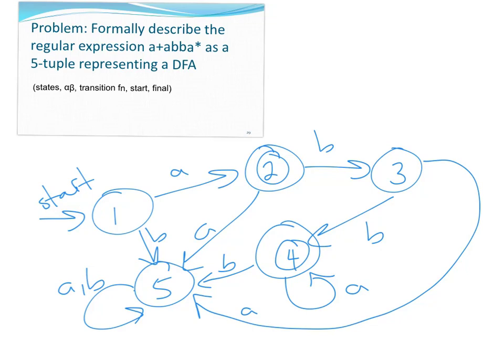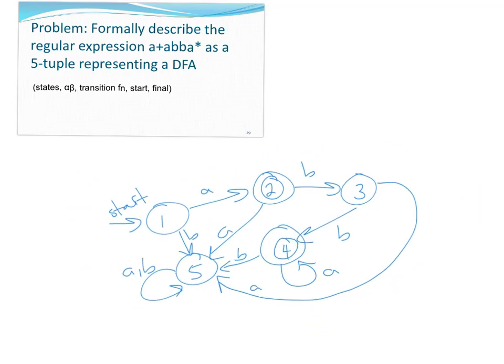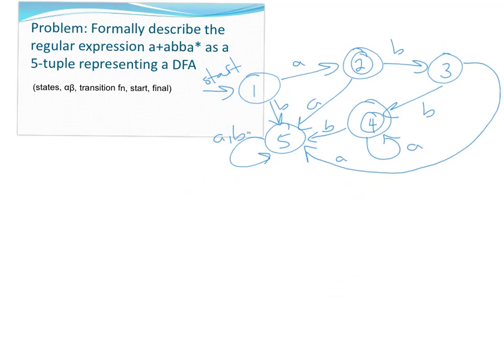So let's write our five-tuple. Let's do it in, say, purple, just so that makes things a little bit easier to distinguish. And maybe let's see, can I stick that there? Perfect.